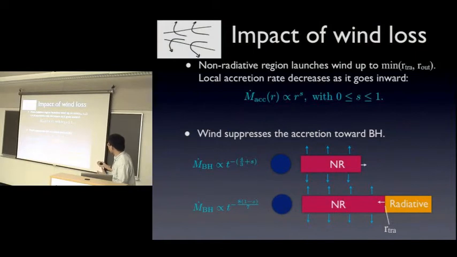So this will steepen the viscous spreading accretion rate decay power-law. But in the intermediate phase, the non-radiative region is shrinking with time, so the wind suppression factor is becoming less and less. So wind loss will make the viscous spreading accretion rate temporal power-law shallower.